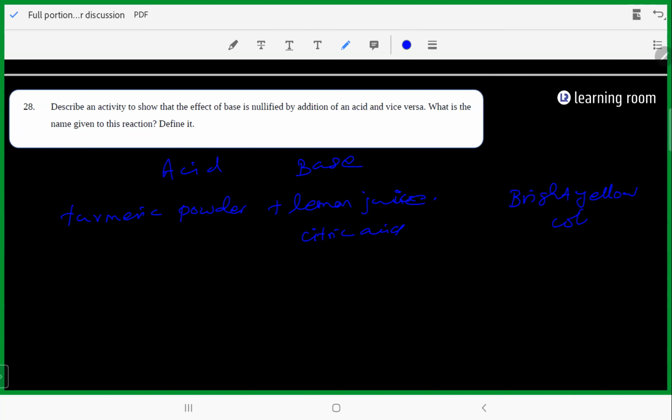Same way, if you put that same turmeric powder into soap water, what will be the color? Have you seen it? It becomes red in color. The change happens because the same turmeric powder shows one color in acid medium and another color in base medium.